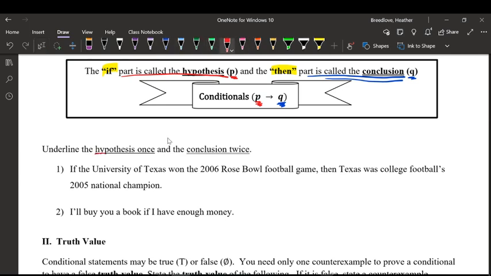The hypothesis, I'm going to do in red, that's the P. And the conclusion, I'm going to do in blue, and that is going to be Q.